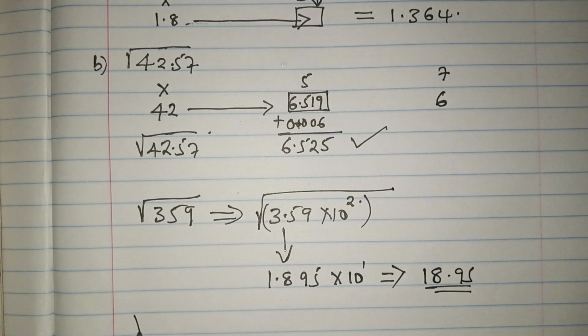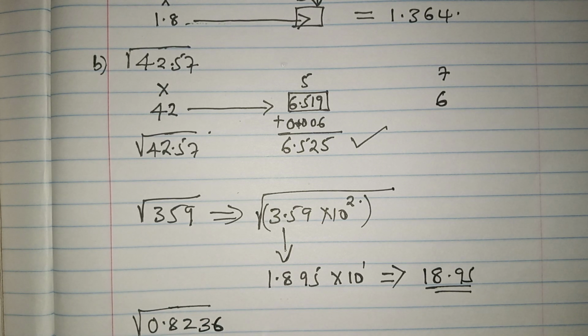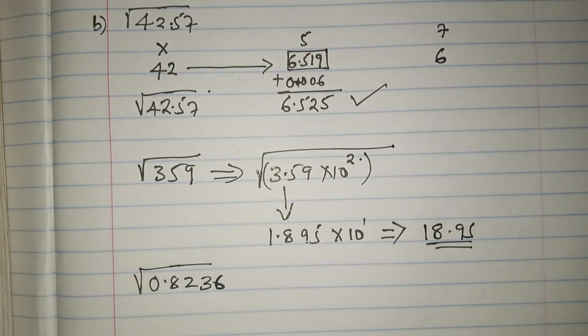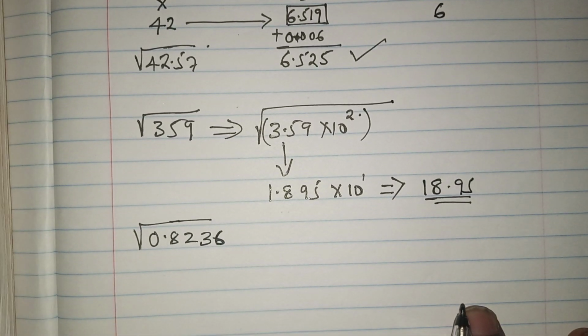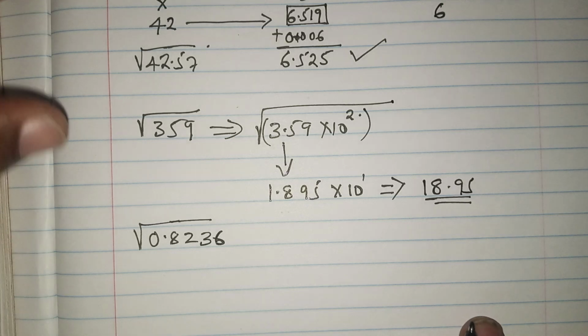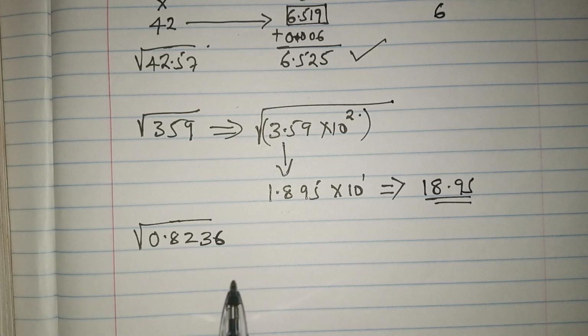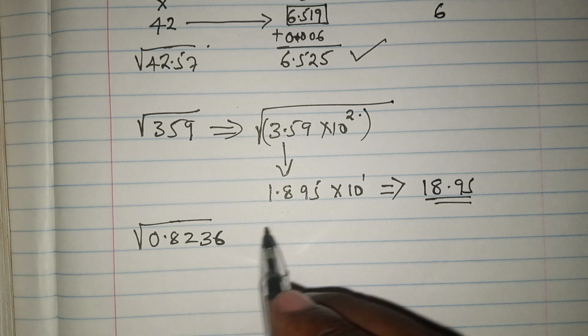What about the square root of 0.8236? Now, this one is less than 1. Again, we should write it so that it is between 1 and 99.9, and multiplied by 10 raised to an even power.